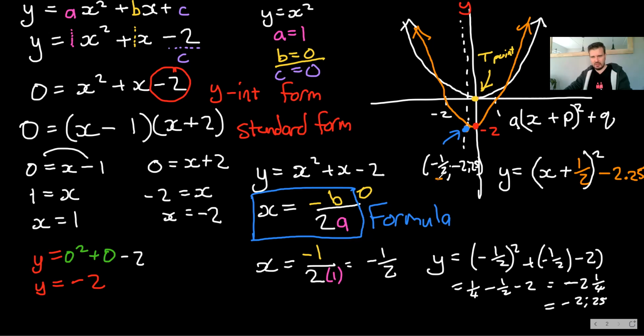So that's why you have this here. Let's color code that. The one's in light blue, so this minus a half comes from this half. And then the 2.25 is just standard. You just literally copy paste it. So minus 2.25 goes here.